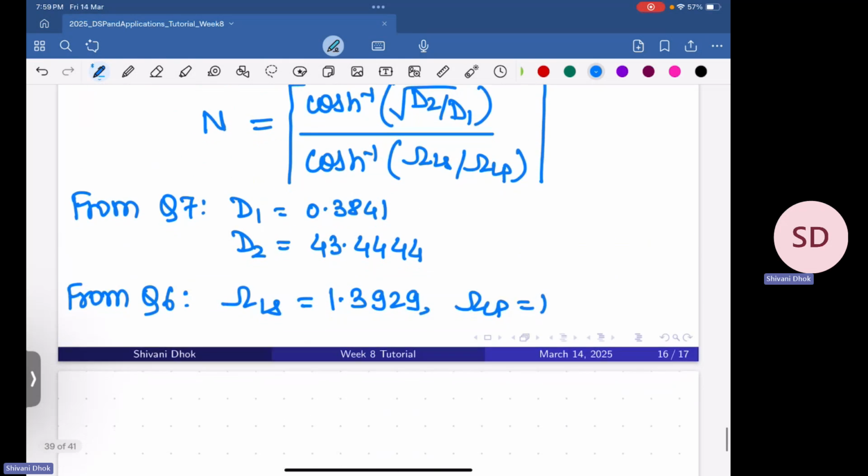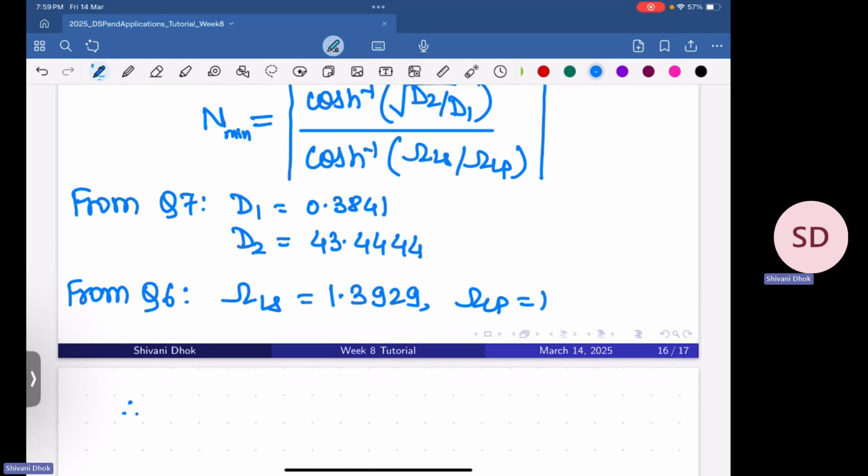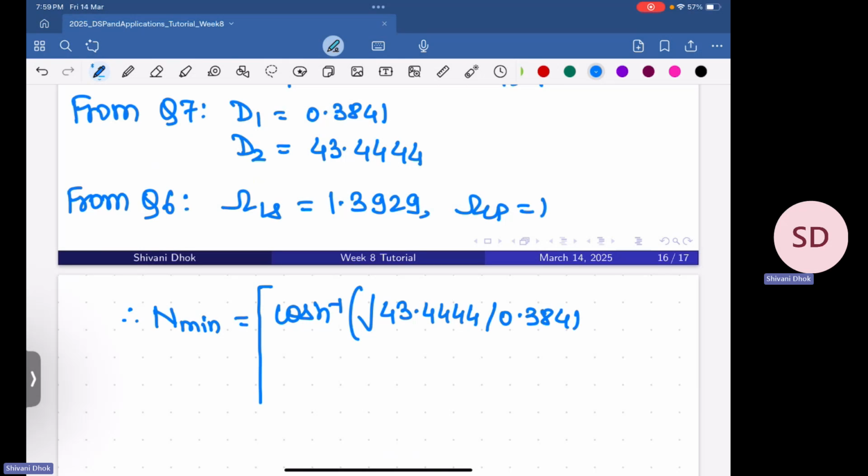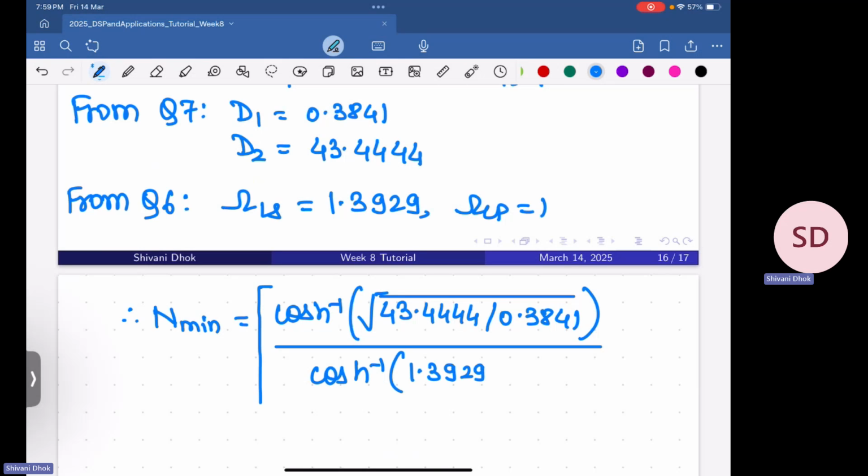So therefore, I'll write n min here. Therefore, n minimum is ceil of cosh inverse under root of 43.4444 divided by 0.3841, divided by cosh inverse 1.3929 divided by 1.